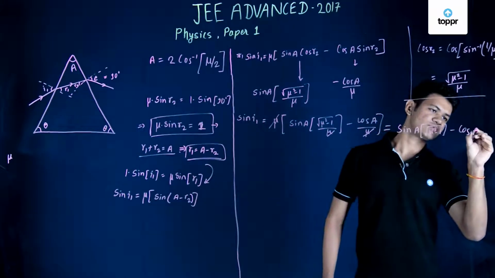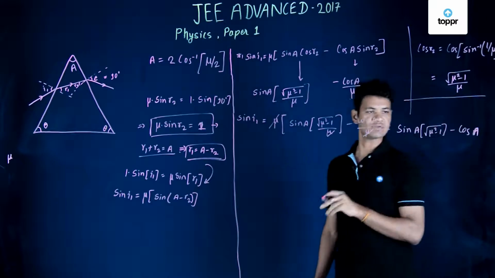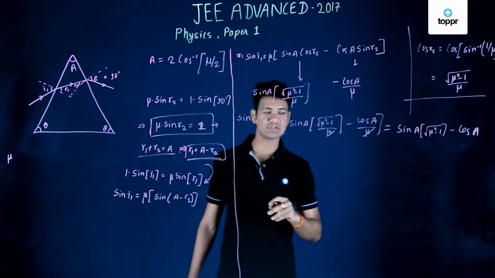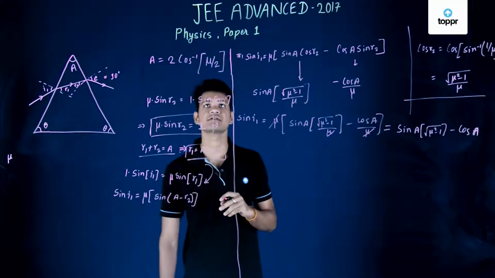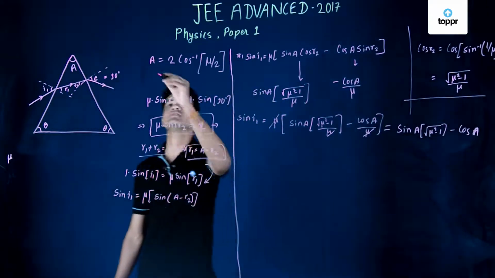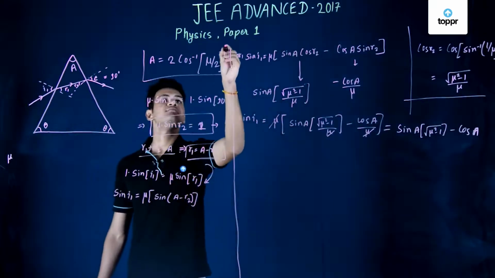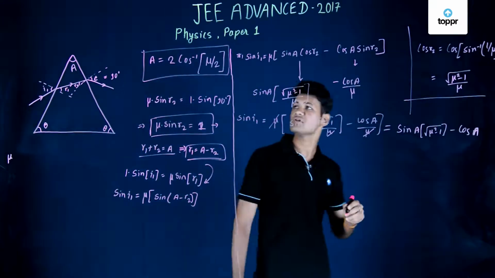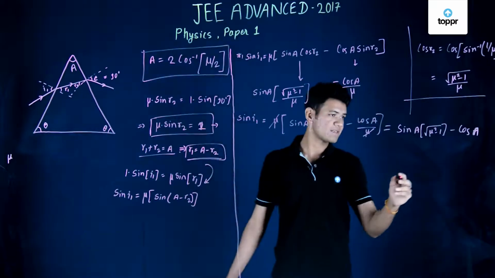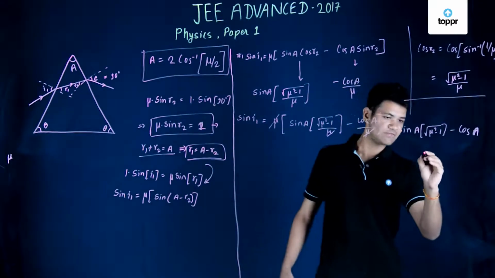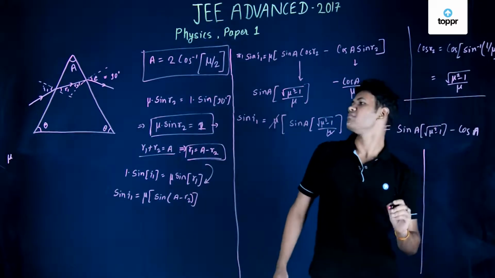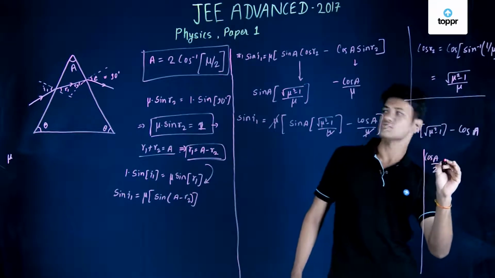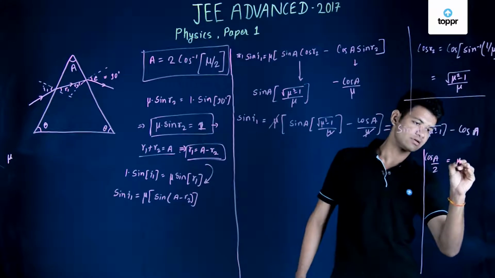Now since the answer is given only in terms of A, we need to substitute mu in terms of A. So using the calculations which we did in option B, we found that the relation between A and mu is A is equal to 2 times cos inverse mu by 2. So by that relation we know cos of A by 2 is equal to mu by 2, right?